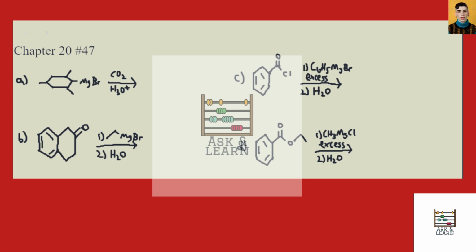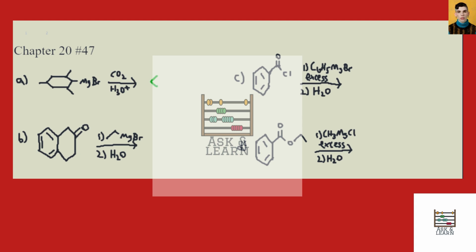So for the first one, we have a Grignard reagent, and we're reacting it with carbon dioxide, followed by some acid for the workup. And so this is going to result in the carboxylic acid.